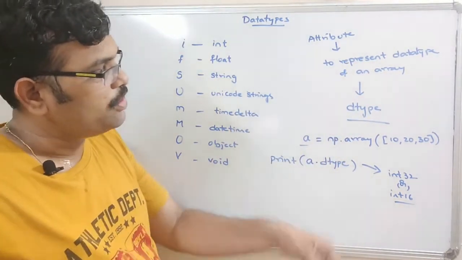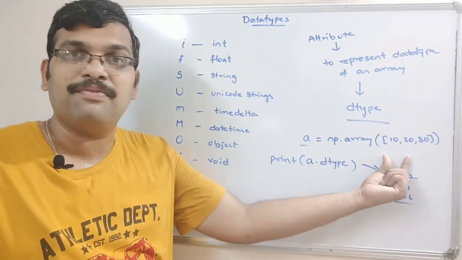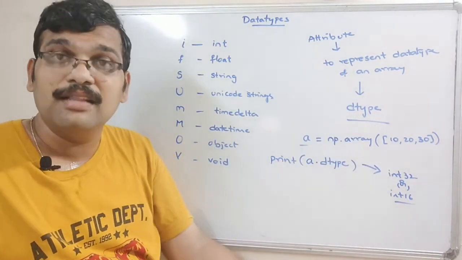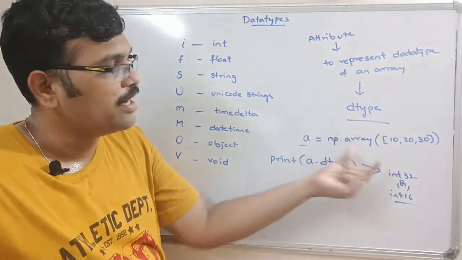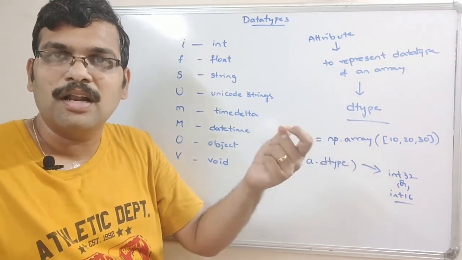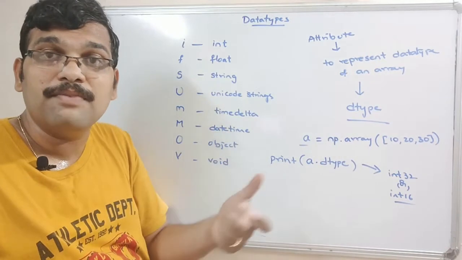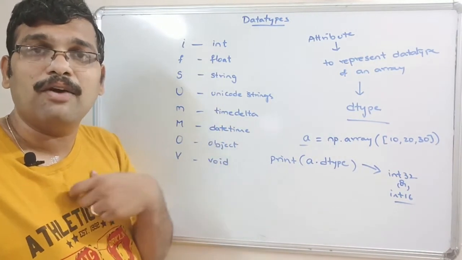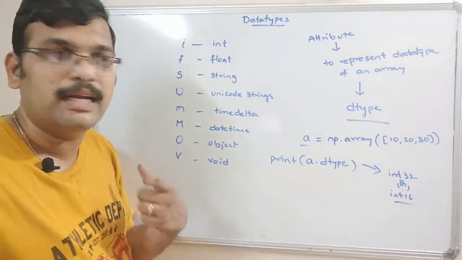We can also give this attribute in the array function. That means while creating the array, we can give dtype as an optional argument. There we have to specify which data type we want the array to have.